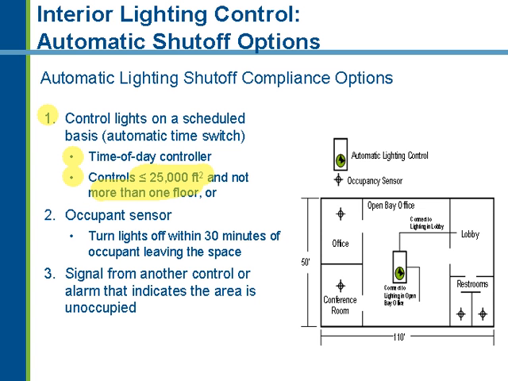A second way to comply with this requirement is by the use of occupancy sensors. If you, for example, have a smaller building and you really don't need a whole building control, if you have occupancy sensors in each of the spaces that will turn lights off within 30 minutes or less of the occupant leaving the space, this provides the same control. In fact, one would argue this is even better control and would be preferred in a lot of cases. But anyway, this is a second way to comply.